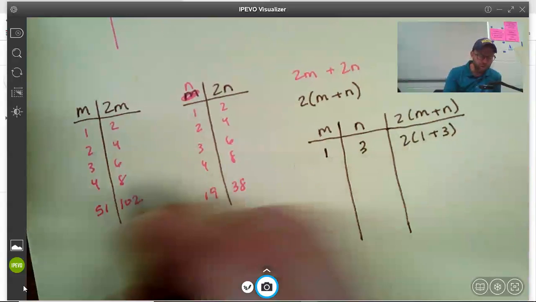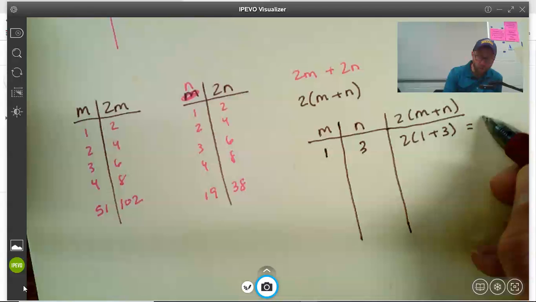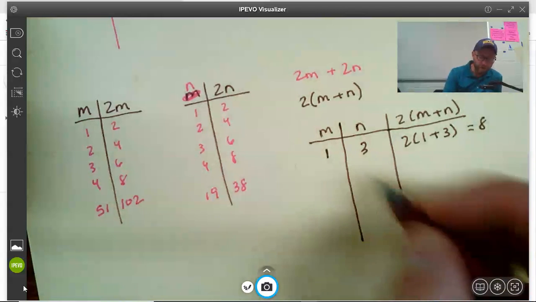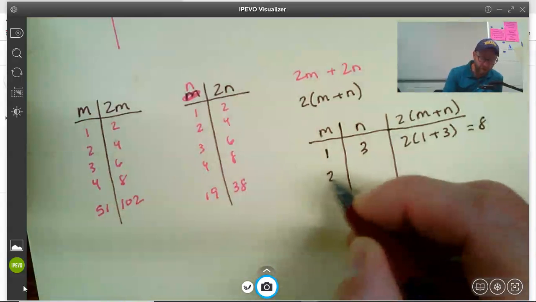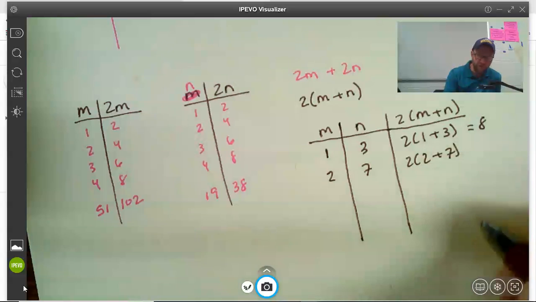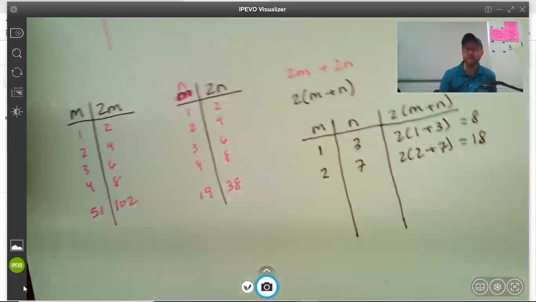But 1 plus 3 is 4, so this is equal to 2 times 4, which is 8. And over here, say I did 2 and 7. So 2 times 2 plus 7, well, 2 plus 7 is 9, times 2 is 18. I'm still getting even numbers.